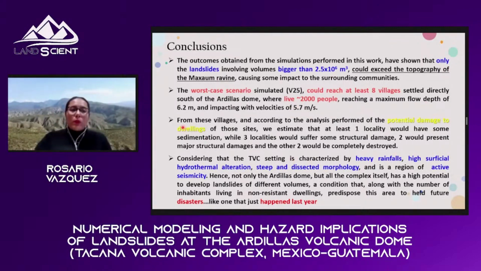And we also observe from this distribution of the deposits that the villages could be impacted.